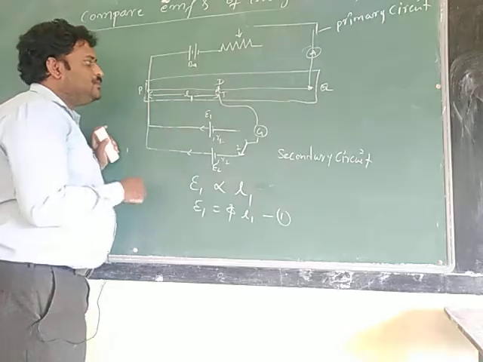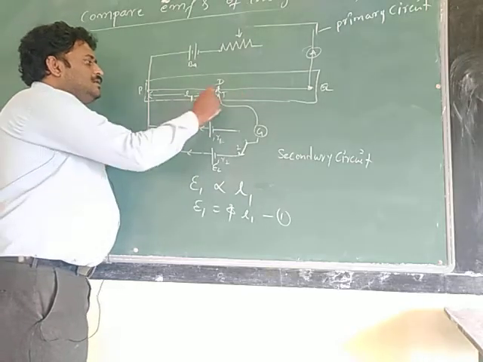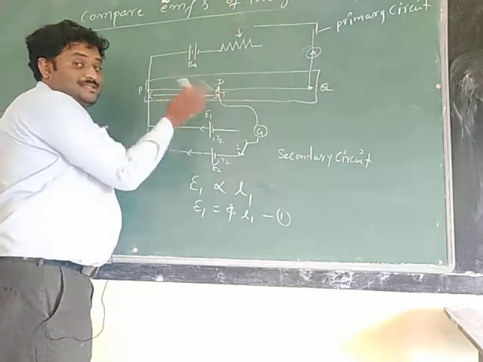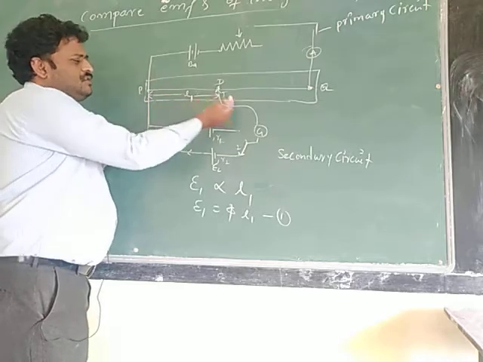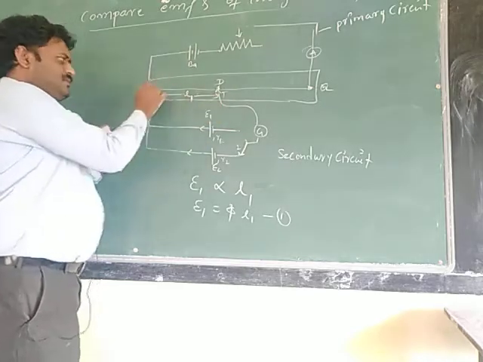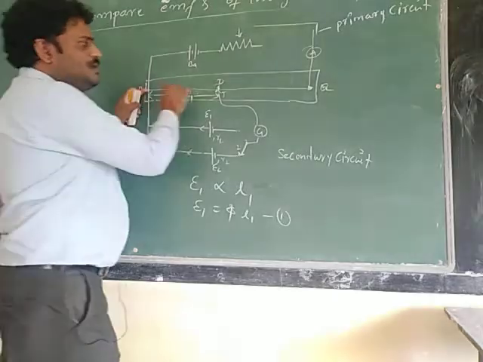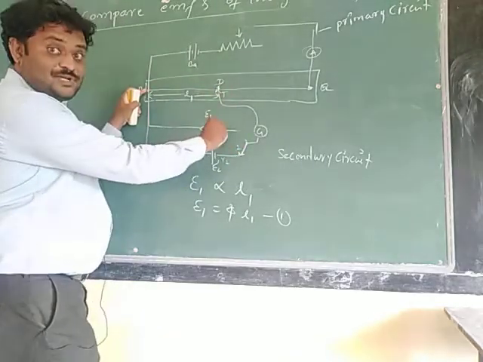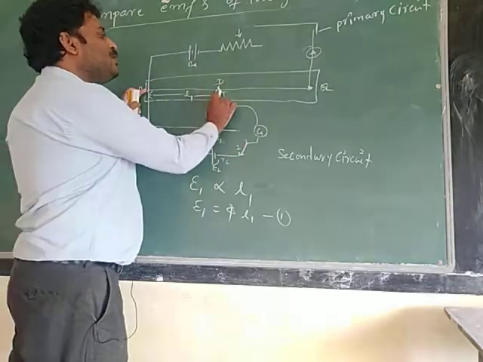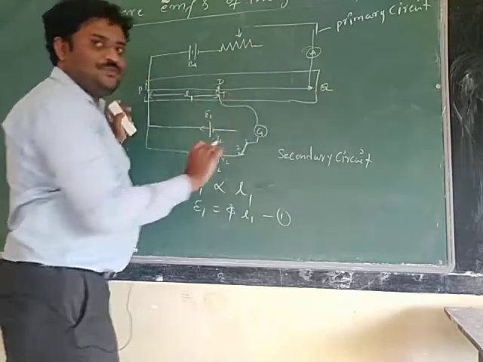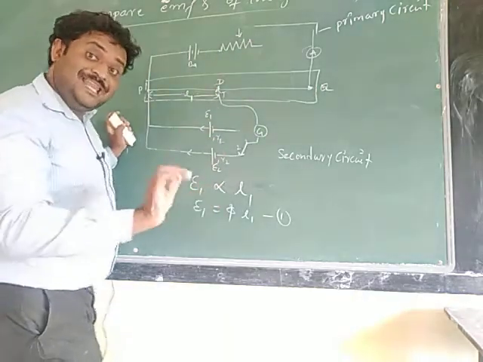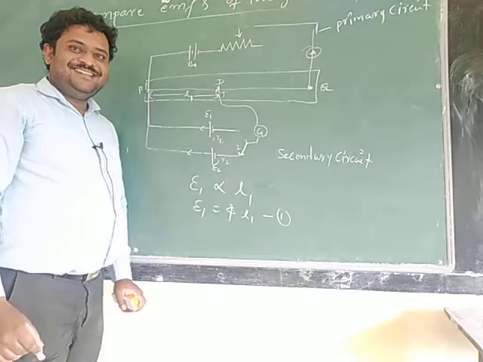Further, with cell 2 closed and a steady current drawn from the cell, the same experiment is repeated. You place the jockey at the point P, and the galvanometer shows deflection in one direction. Then you place the jockey at the point Q, and the galvanometer shows deflection in the opposite direction.